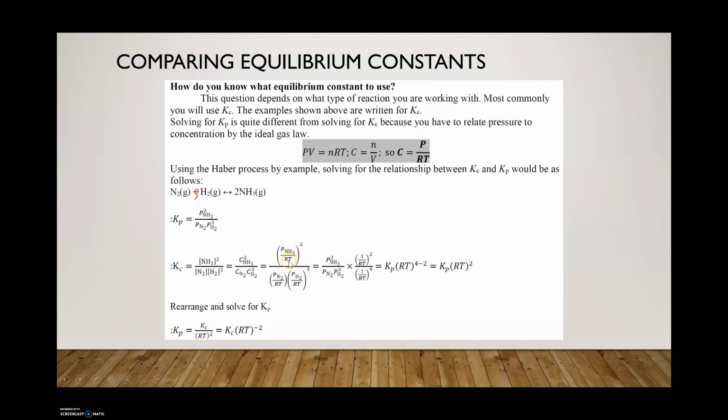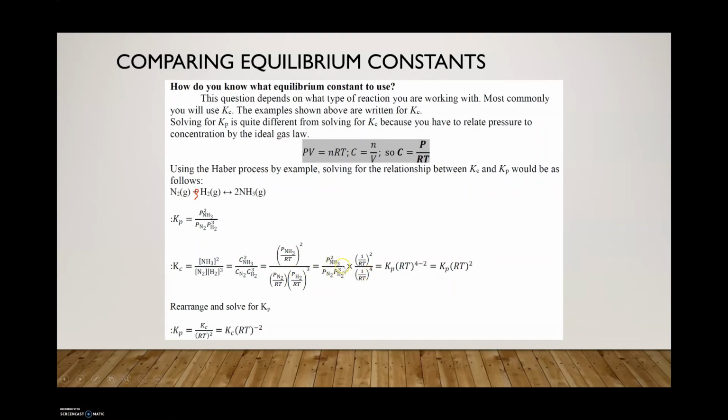One thing you will notice is that the RT shows up on both sides of the equation. So we're going to pull that out. We pull out the 1 over RT here. It's squared because of the exponent. And then we pull out the 1 over RT on the bottom. So 3 plus 1 gives me 4. Remember, you add your exponents together.